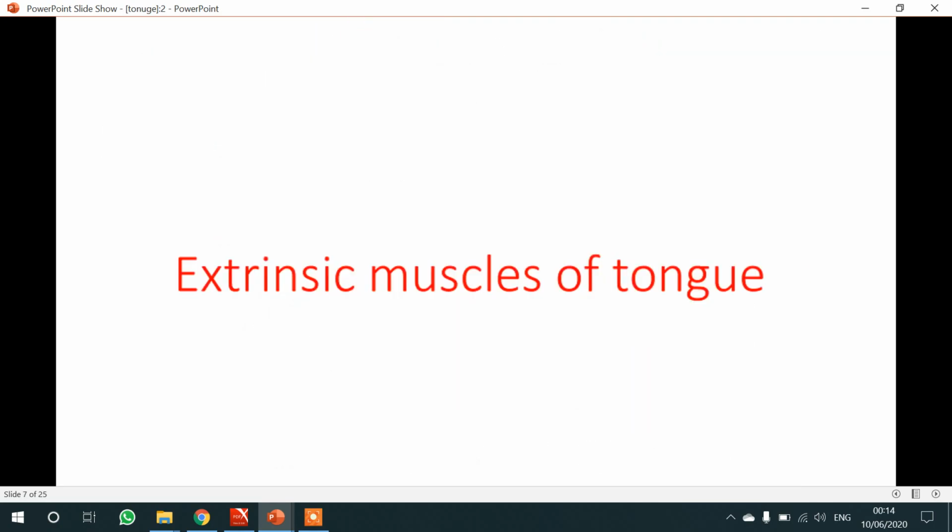So, what are the muscles? The tongue is actually a muscular organ, and it is a very mobile structure that assumes different shapes and different positions. This means there are two types of movements present in the tongue.